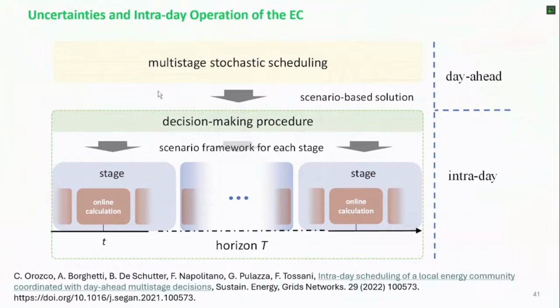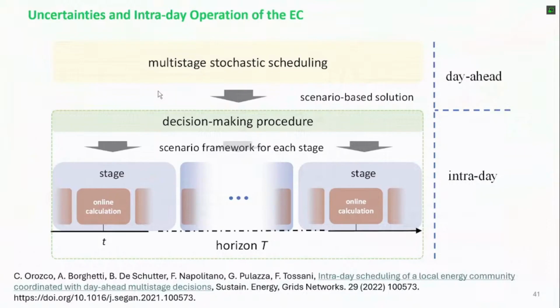So we can try to include the uncertainty. So we have applied this method that is quite traditional, so there is nothing very new, that is this multi-stage stochastic scheduling.